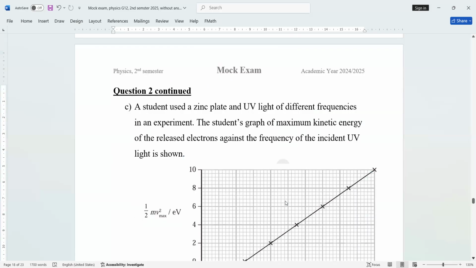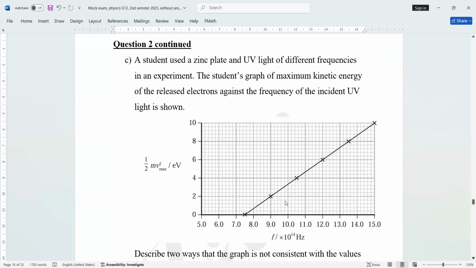A student used a zinc plate and ultraviolet light of different frequencies in an experiment. The student's graph of the maximum kinetic energy of the released electrons against the frequency of the ultraviolet light is shown.